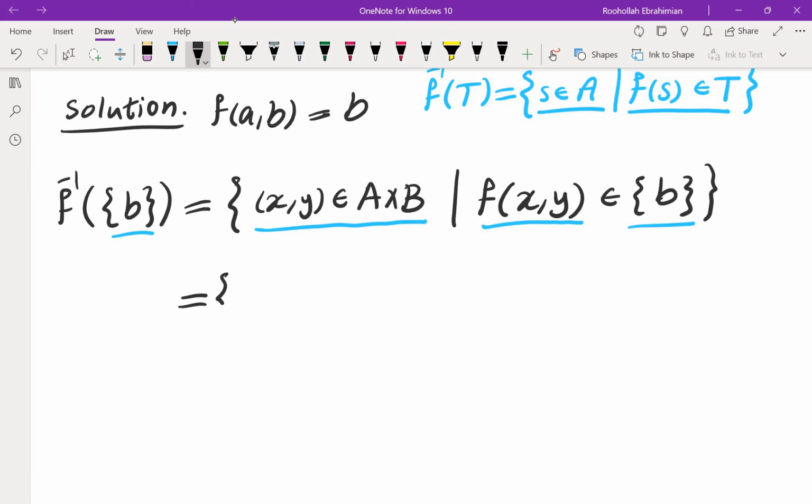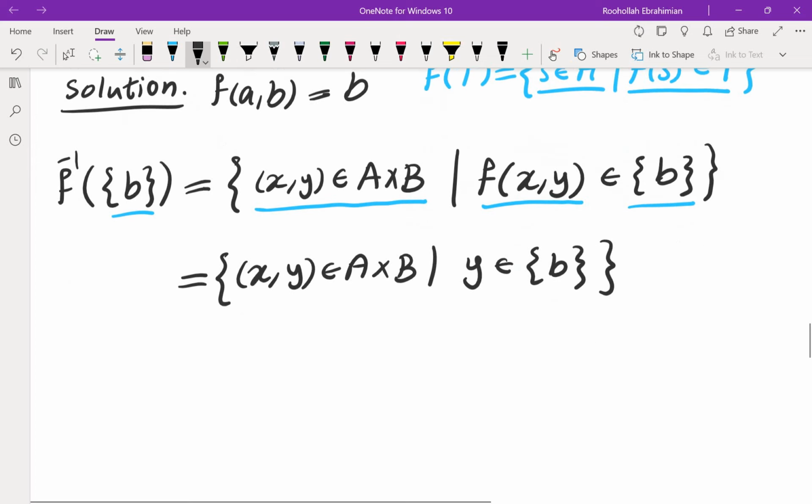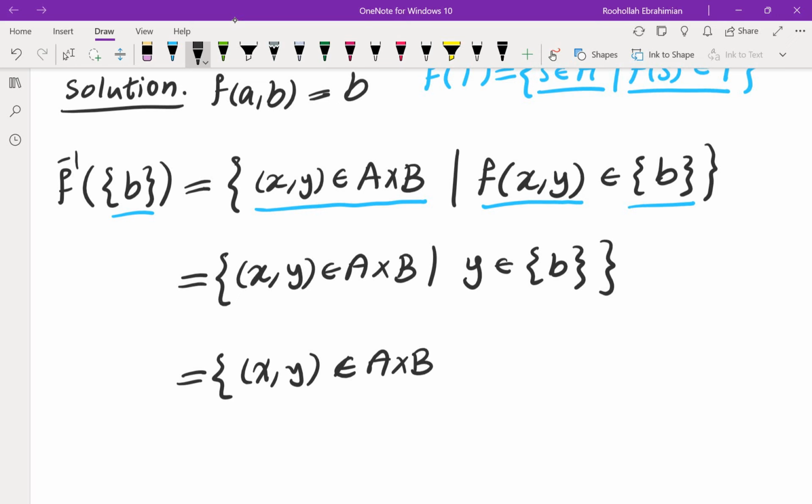Let's now translate this. So this is (x, y) inside A cross B such that F of (x, y), and we know that F is the projection onto the second component, so that means F of (x, y) is y. So y is inside {b}. But y being inside {b} means there's just one element inside that singleton. It means y is equal to b. So this is the set (x, y) in A cross B such that y is equal to b.